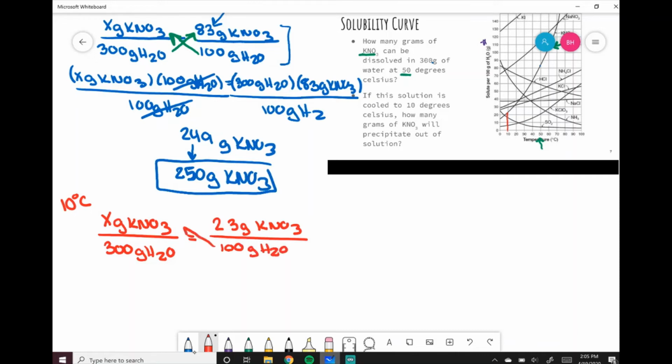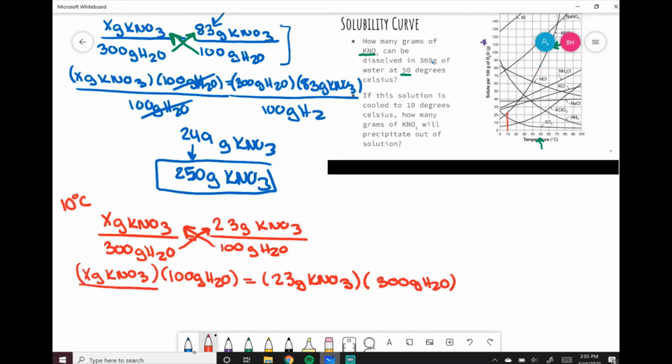We're going to go ahead and do some cross multiplication like we did before. So I'm going to have X grams of potassium nitrate times 100 grams of water, and that's going to be equal to 23 grams of potassium nitrate times 300 grams of water.